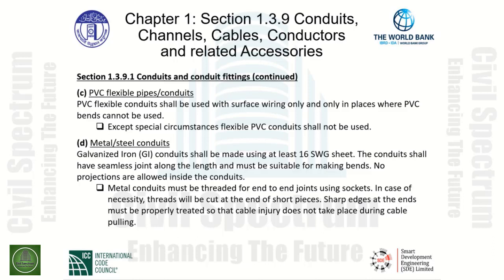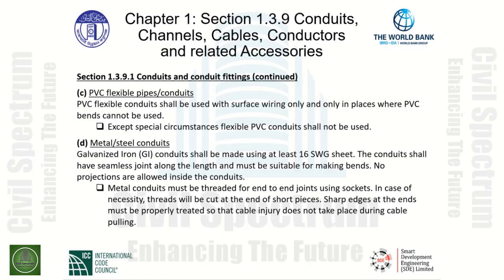Item D gives us requirements for metal and steel conduits. Galvanized iron, GI, conduits shall be made using at least 16 SWG sheet. The conduits shall have seamless joint along the length and must be suitable for making bends.